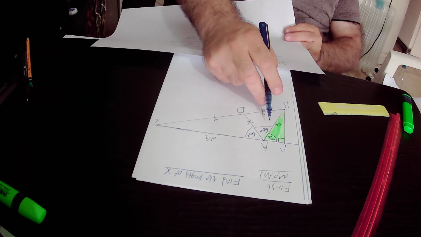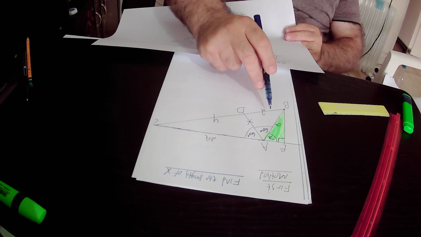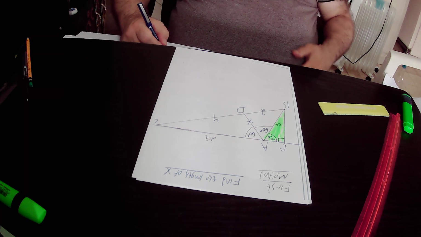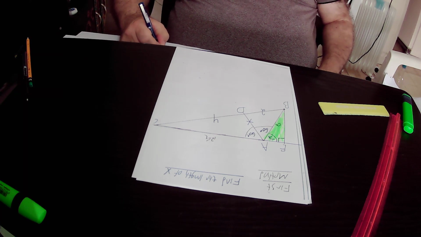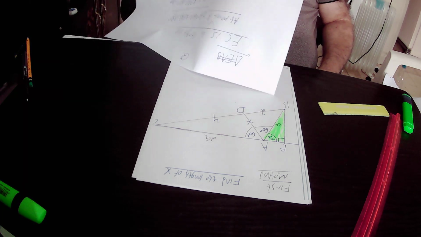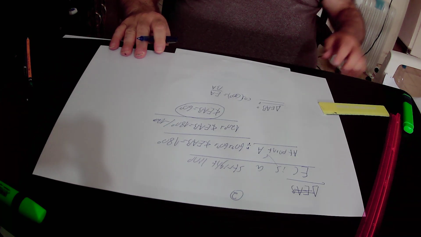Cosine 60 degrees equals EA over BA. In the right green triangle, triangle EAB, cosine 60 degrees equals EA over BA.